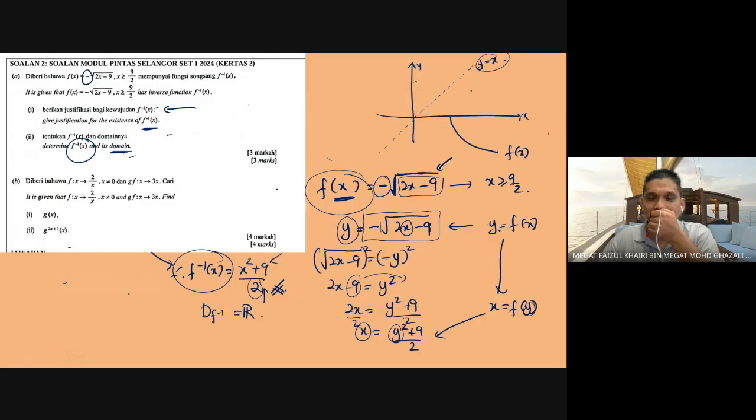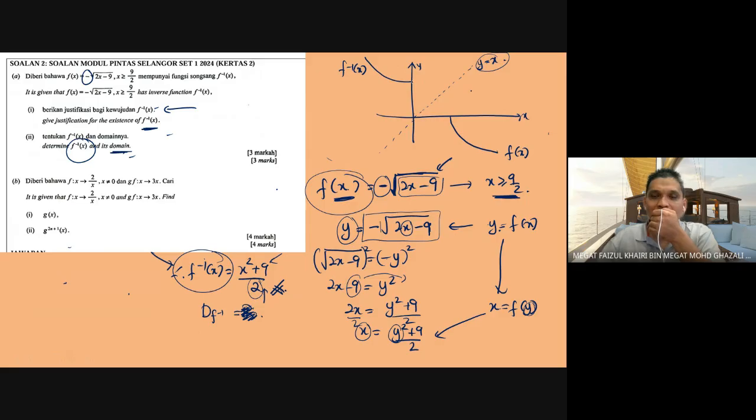So this is f inverse. Although in general I said the domain is from negative to positive infinity, we have to look at f inverse together with f(x), and this is the domain.